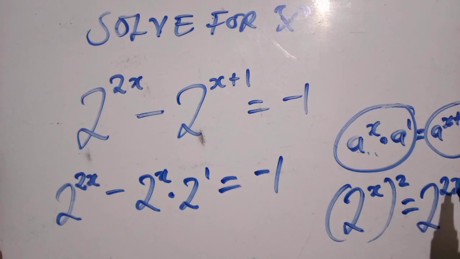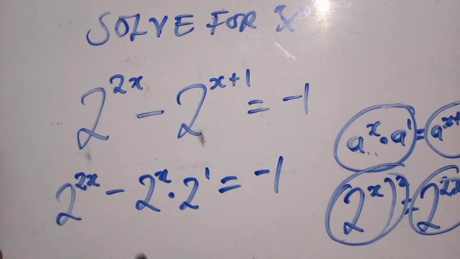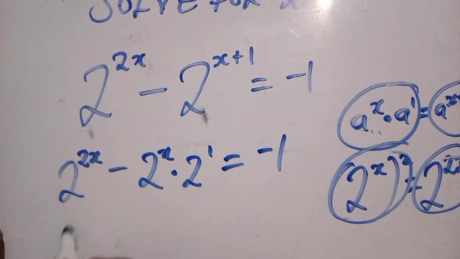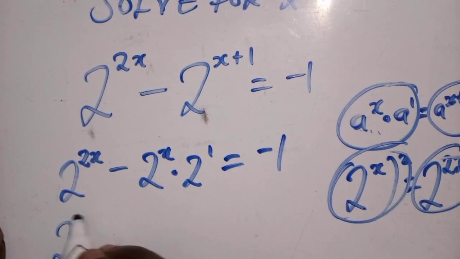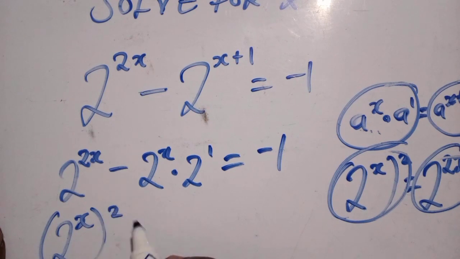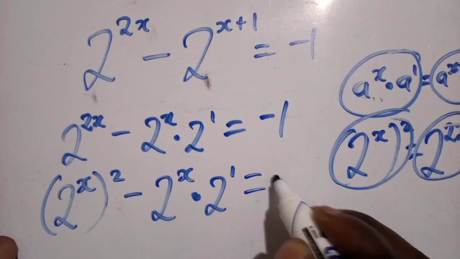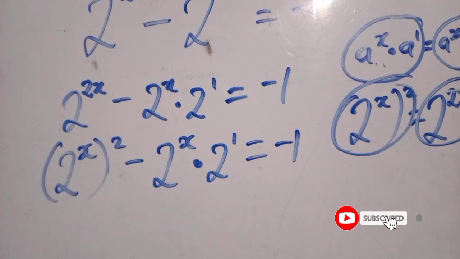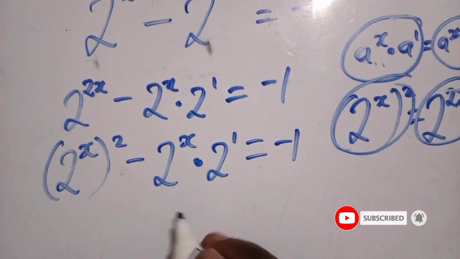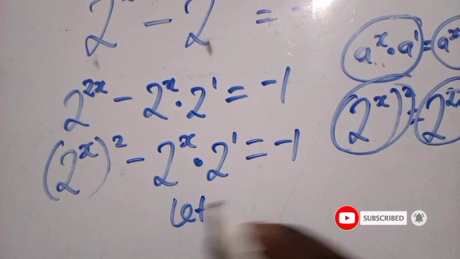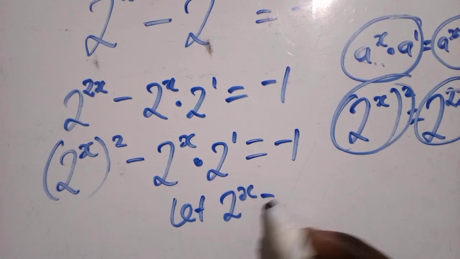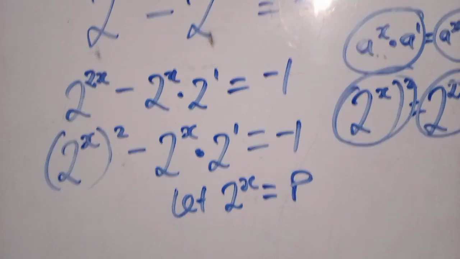So we have to get this into this law, in which 2 power x to the power 2 minus 2 power x multiplied by 2 power 1 is equals to minus 1. So now here, this is where you let 2 power x be equals to p.